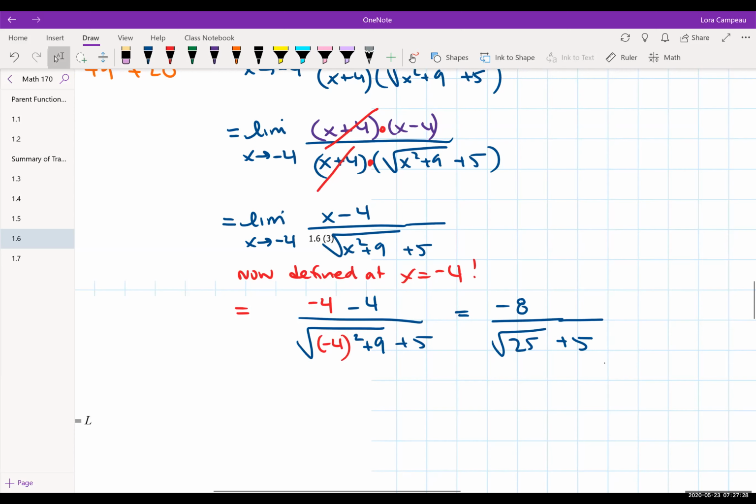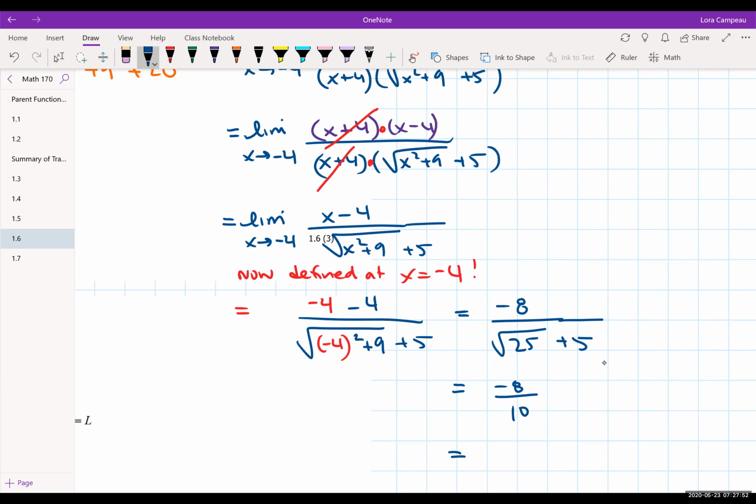So that should leave me with negative 8 over 5 plus 5, which is 10. Negative 8 over 10. We can reduce it or leave it the same.